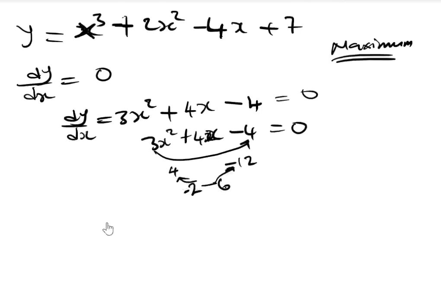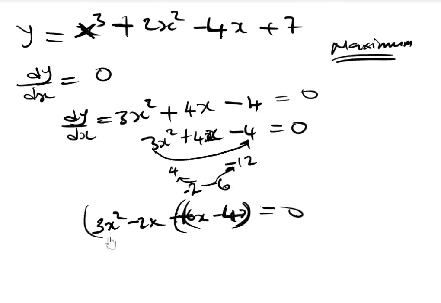Therefore, this is 3x squared minus 2x plus 6x minus 4 equals 0. Then if I factor out x, I'll be left with 3x minus 2.